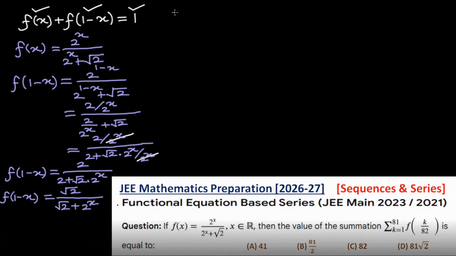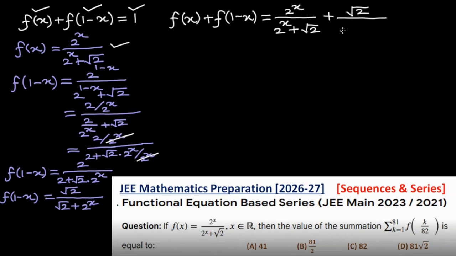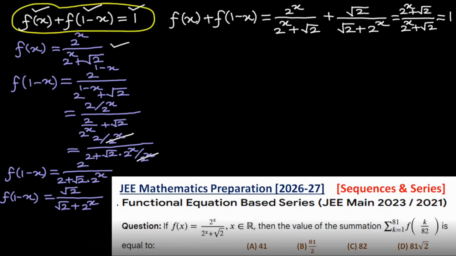Now we calculate f(x) plus f(1 minus x). This one, 2 power x upon 2 power x plus root 2, plus root 2 upon root 2 plus 2 power x, will be 2 power x plus root 2 upon 2 power x plus root 2, which equals 1. So we have established this identity.